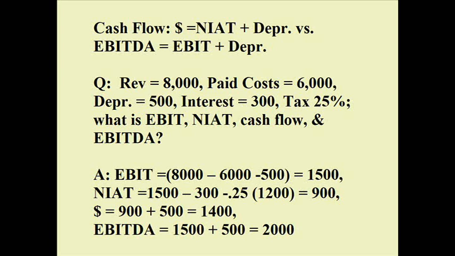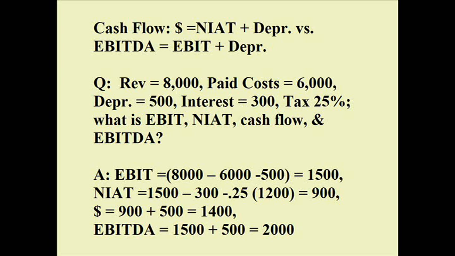So let's say we have a firm that has revenue of $8,000, paid costs $6,000, but has depreciation of $500, interest of $300, and they tax the net at 25%. Well, let's first of all figure out the earnings before interest and taxes, the net income after tax, then the cash flow, and the EBITDA.